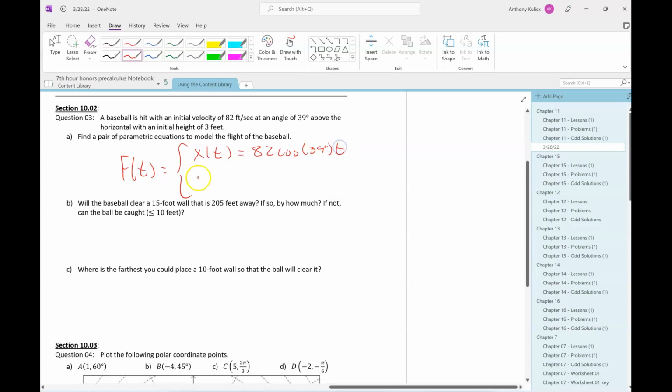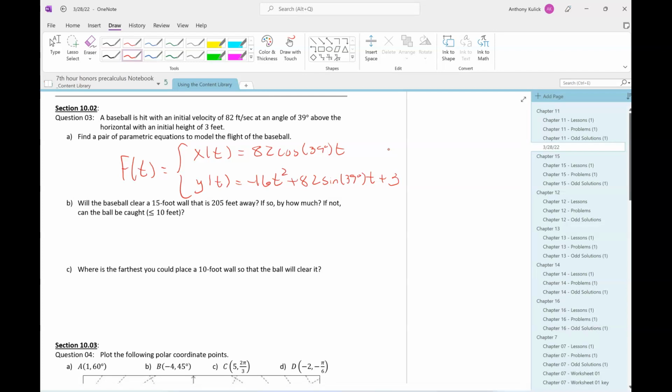And obviously, if you didn't have this part correct, there's little hope that we're going to be able to do parts B and C correctly. But I'm assuming that you got part B with what you're asking. Okay. So there's my parametric equation.